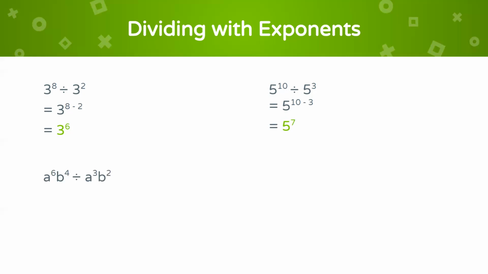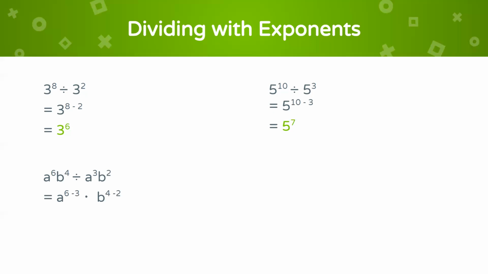Now we're going to try a more complex example just like we did last time. We have a to the power of 6 times b to the power of 4 divided by a to the power of 3 times b to the power of 2. Now all we have to remember is that we can subtract the exponents as long as the bases are the same. So we can treat this as two different expressions.